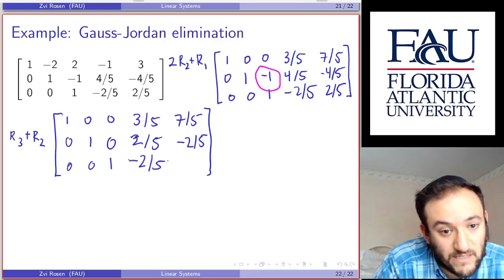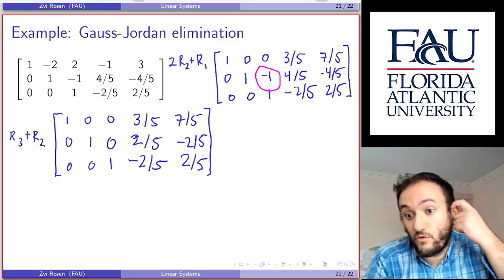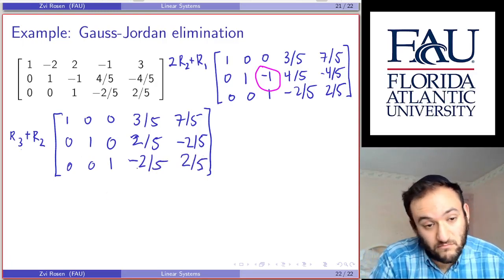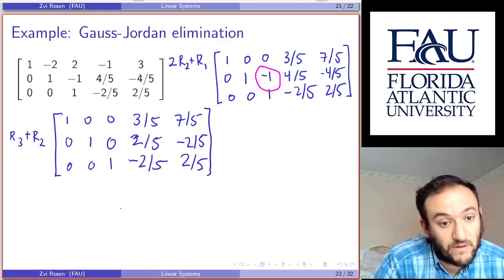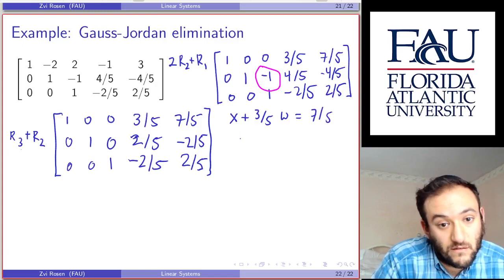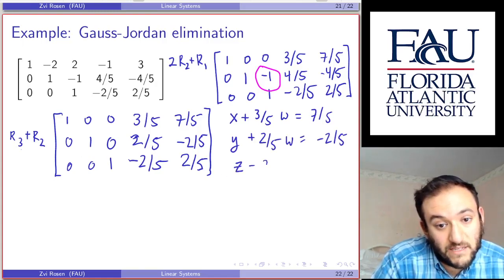Okay, and now as you can see, the matrix is in reduced row echelon form, and it can be simpler at this point to read off the solutions. This corresponds to x plus 3/5 w equals 7/5, y plus 2/5 w equals minus 2/5, and z minus 2/5 w is equal to 2/5.